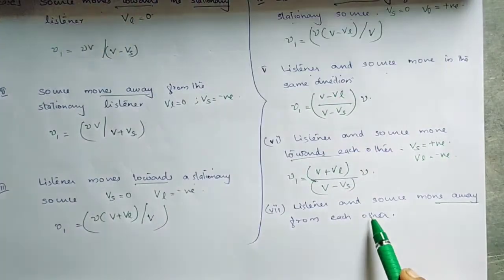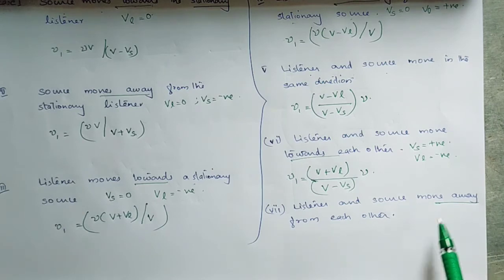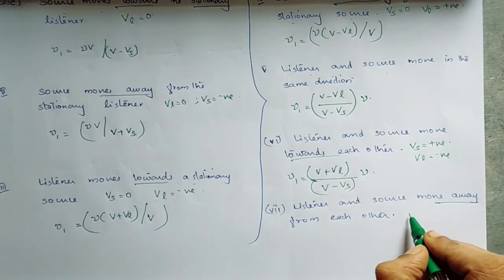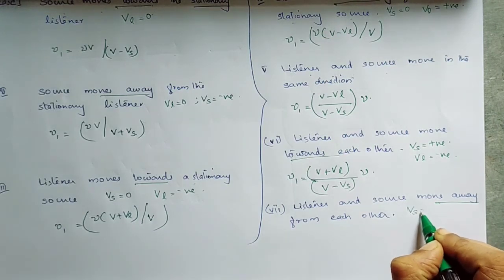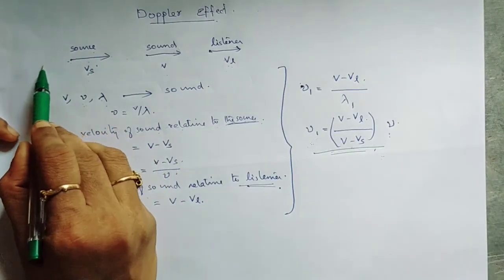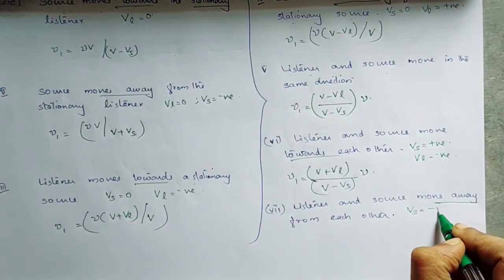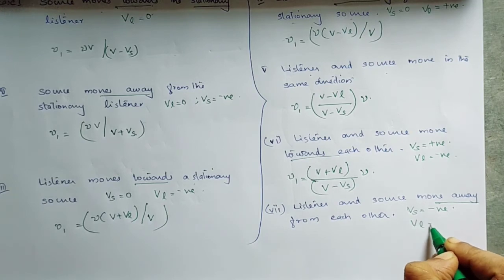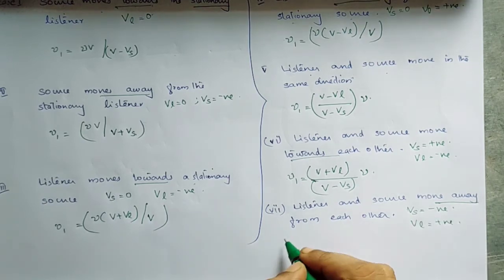So both the source and listener move away from each other. What are the conditions? Vs is in the opposite direction, negative. VL is positive. So what about the apparent frequency?